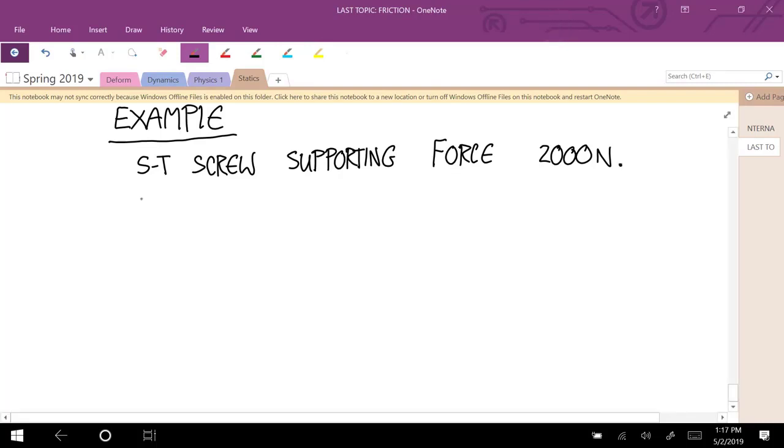And the thread is at an angle of 5 degrees. And we want to calculate two things.